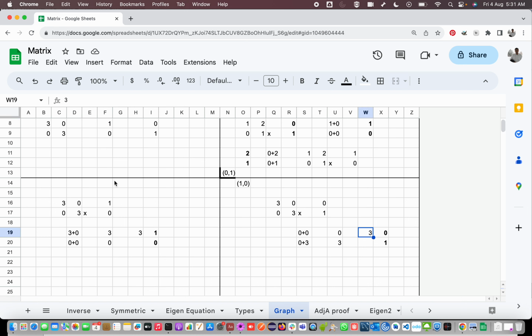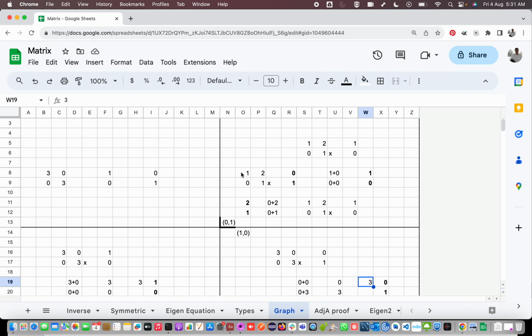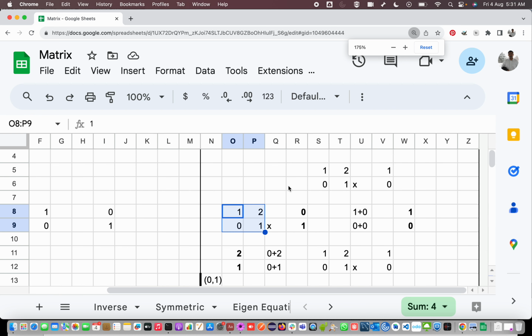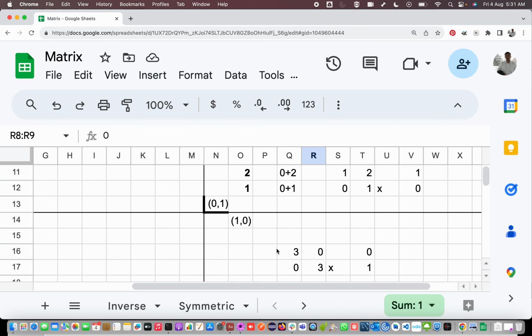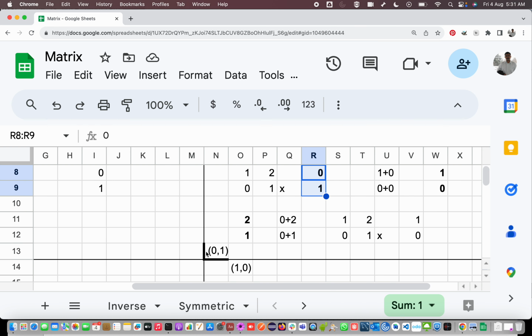In example 2, after applying this transformation, I don't get an eigenvector for 0 comma 1, but I get an eigenvector for 1 comma 0, which means the eigenvalue is 1 for this vector. The eigenvalue is not defined for 0 comma 1. That is the meaning. This is a 2 by 2 matrix, which is 2D.